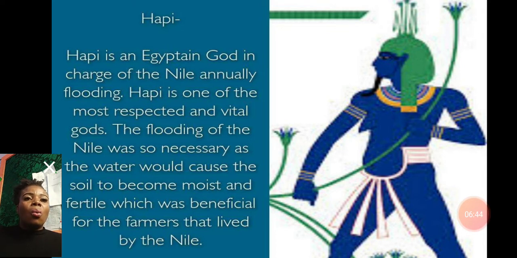So you can see, without the River Nile overflowing, the Egyptians would have found it very difficult to cultivate. There's no way you talk about the Nile River in Egypt without talking about Hapi, the Nile god.